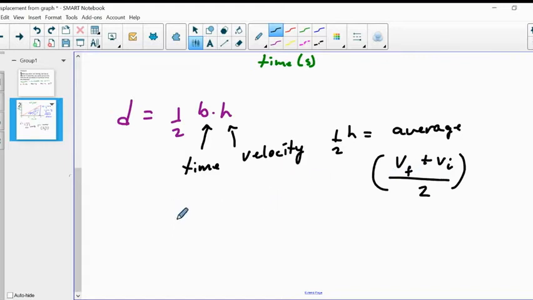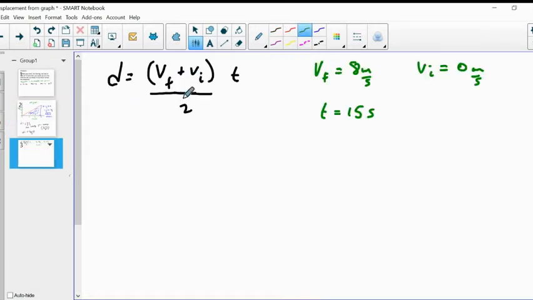So we now have our first kinematic equation. The distance we traveled is going to be the base, which is time, times (VF plus VI) divided by 2. It's the average velocity multiplied by the time.